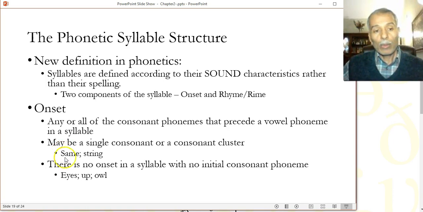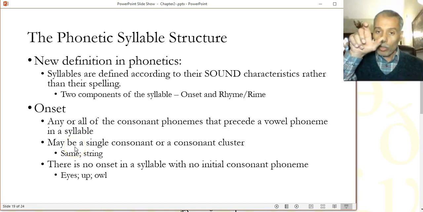If you look at the word same, that is one single syllable. What do we have here? Onset is one or more sounds that come before the vowel. Where is the vowel? A. So S is the onset. And then rhyme is the vowel and what comes after.